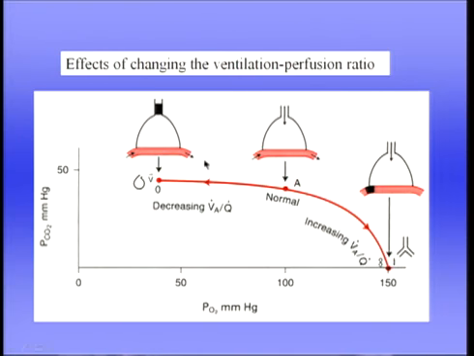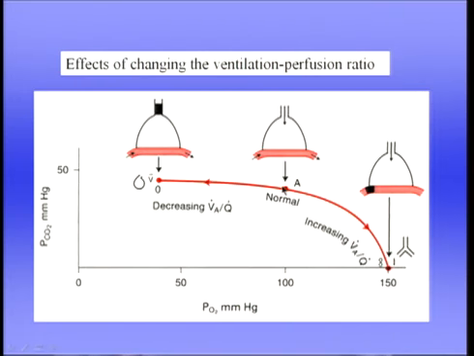And this is exactly the same line as we saw in the last image, and these are exactly the same lung units. First, we've got the normal lung unit here, that is with a normal ventilation perfusion ratio, and it's got a PO2 of about 100 and a PCO2 of about 40, okay? And then as you gradually decrease the ventilation perfusion ratio, you end up with a PO2 of about 40 and a PCO2 of about 45.